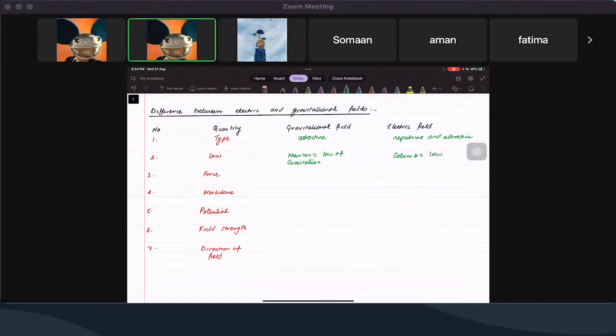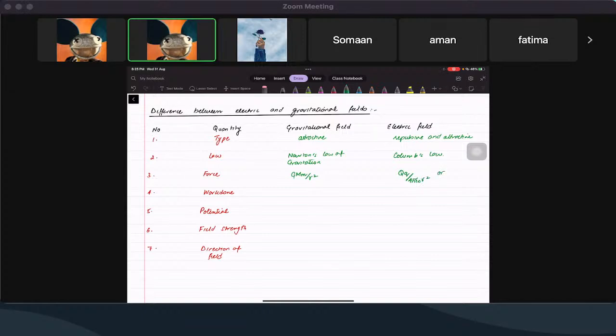In a gravitational field, the force is given by Gm over r square, and in this one the force is given by q over 4 pi epsilon r square. Is it clear, everybody?